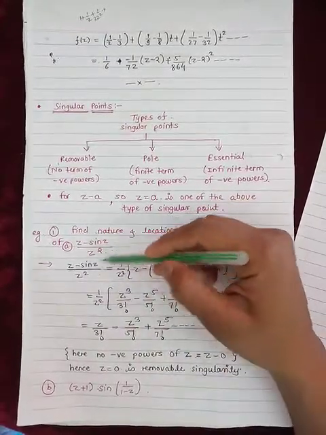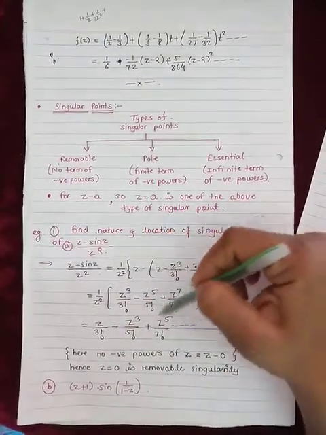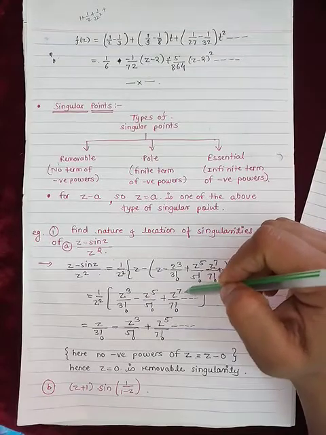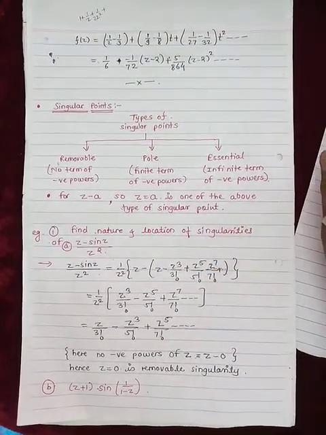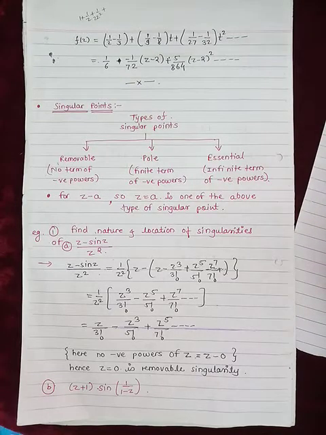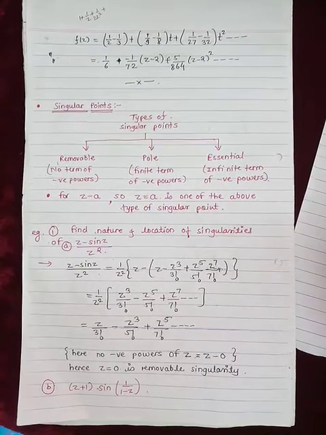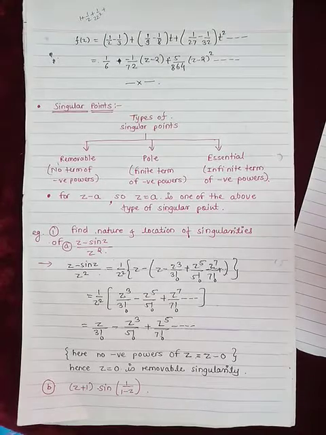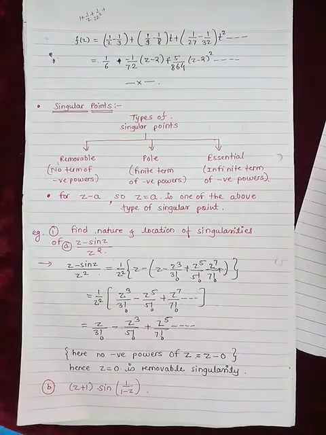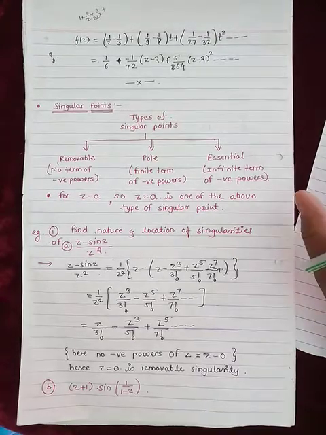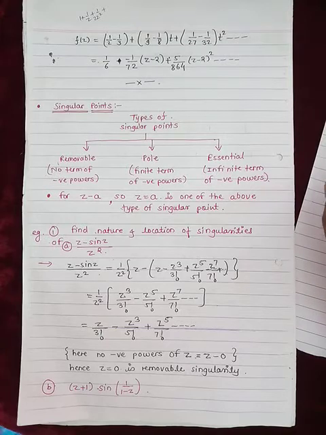The given function we have to first simplify by using the series formulae. There are some standard series formulae. Each trigonometric function has a series formula: sin x, cos x, tan x, cot x, sec x, cosec x.